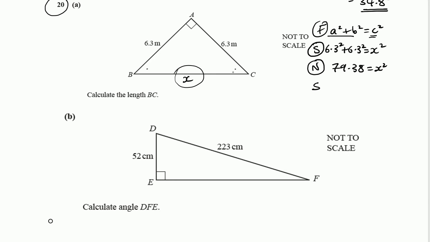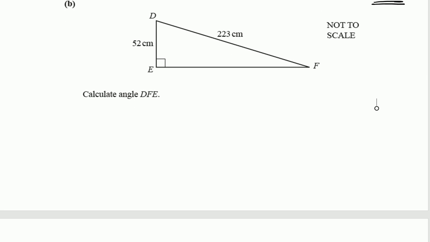I'm going to get to the root of the problem. And I know that's a really painful pun, but if it helps you to remember, then I'm okay with that. The square root of 79.38, that's equal to 8.91. Okay, and there's our answer.